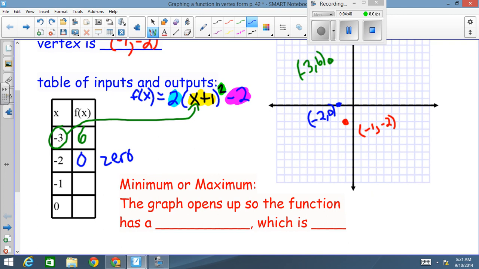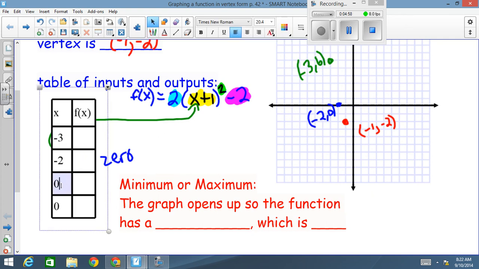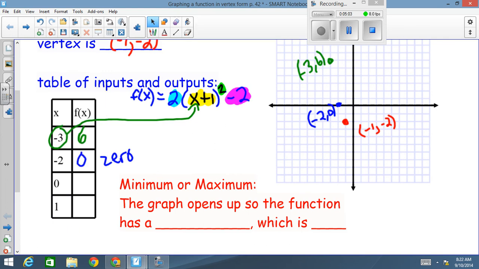Now the great thing about quadratics, in case you don't already know, is that the left side mirrors the right side. So we'll work through plugging in 0, but it should be the same thing as what I just got. When I was hitting undo, it was undoing those. That's not what I wanted undone. What I meant to say was when we plug in 0, I should get the same thing as I got when I plugged in -2. So 0 plus 1 is 1, 1 squared is 1, 2 times 1 is 2, 2 minus 2 is 0, and sure enough, we do get the same thing.